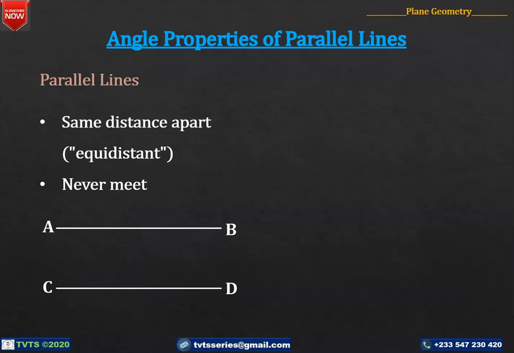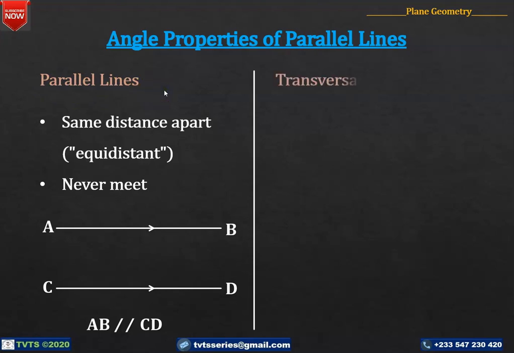This can be represented with an arrow on both lines. And we write AB // CD. This is read as line AB is parallel to line CD. Now that we know what parallel lines are, let's quickly take a look at what a transversal is.